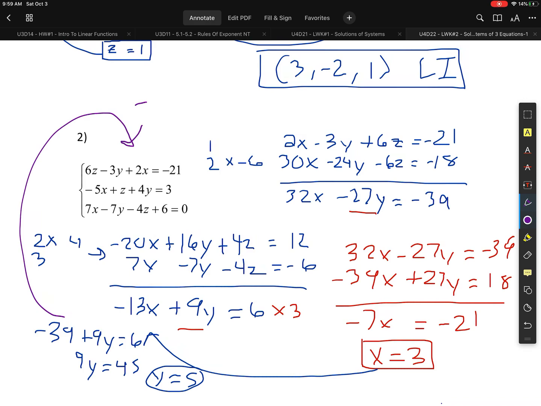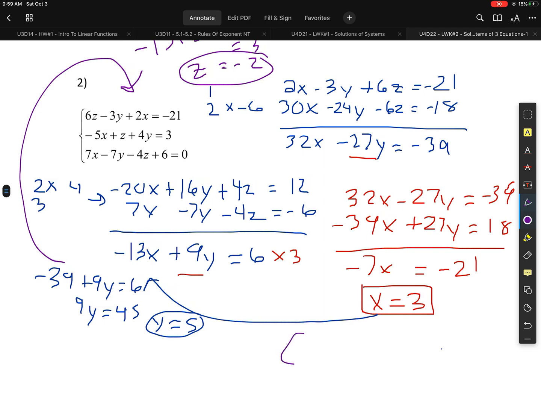I got negative 15 plus z plus 20 equals 3. Z equals negative 2. So my answer, 3, 5, negative 2, and it's a consistent independent answer.